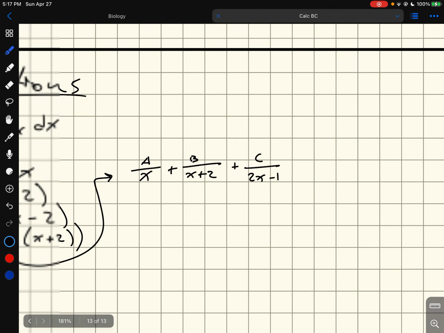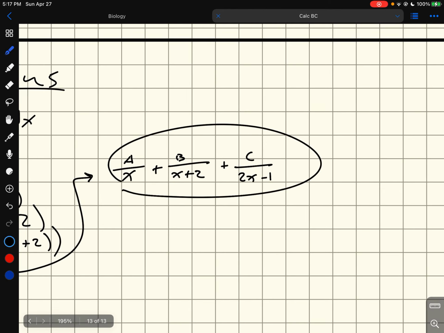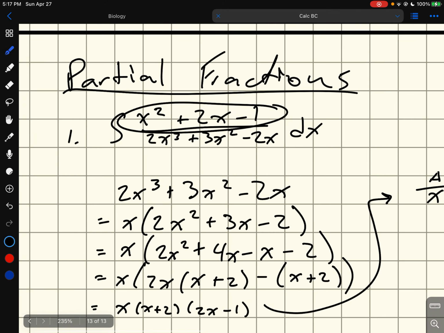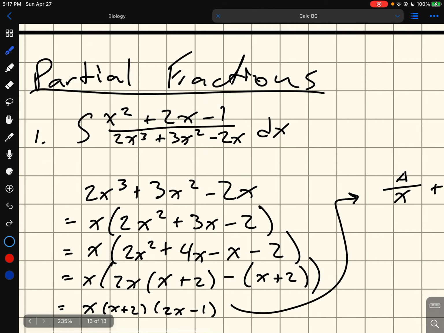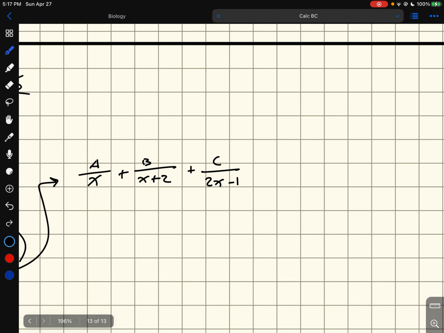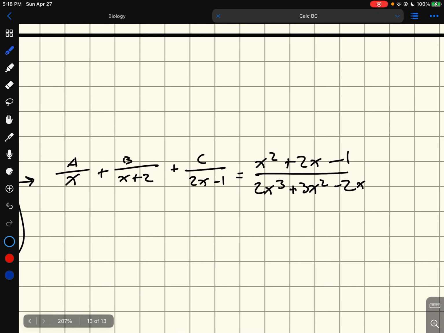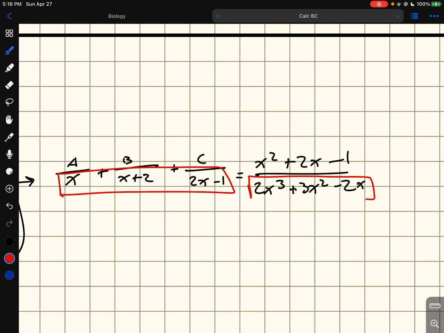Okay. So again, when you multiply these together to get a common denominator and add up all the numerators, you get this numerator with this denominator. So that's why this is equal to that original function, which is x squared plus 2x minus 1 over 2x cubed plus 3x squared minus 2x, because this is just the factored form of this.